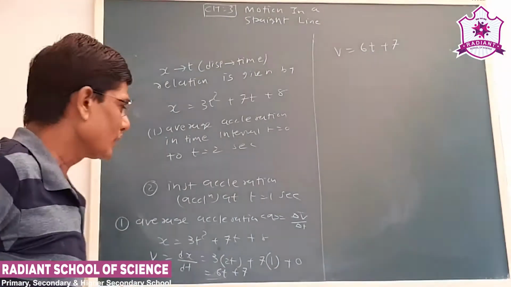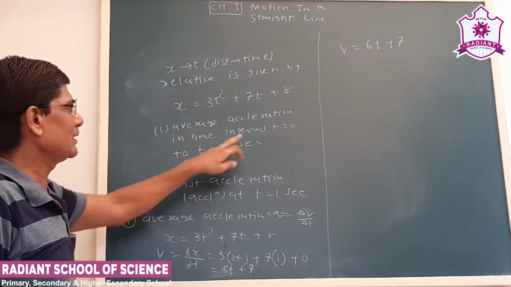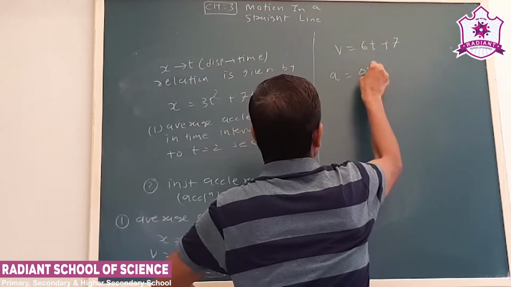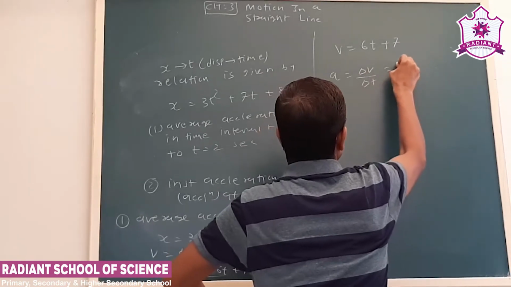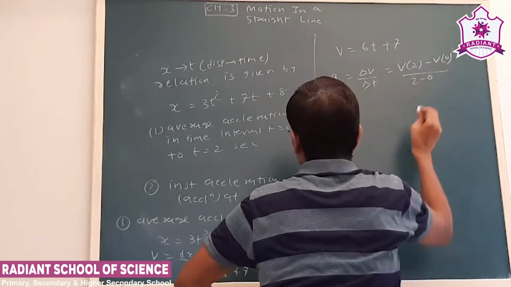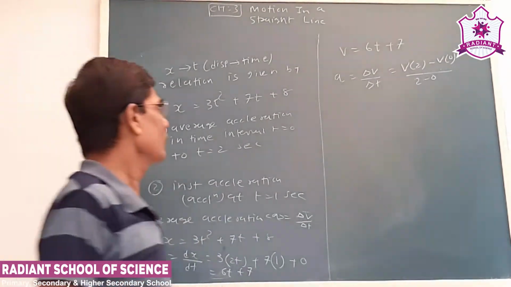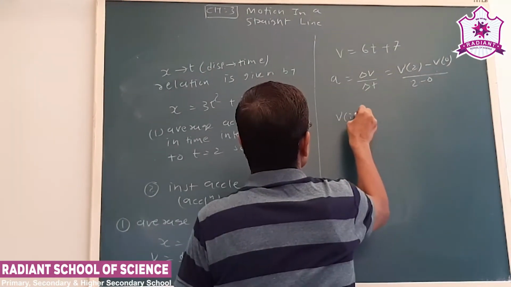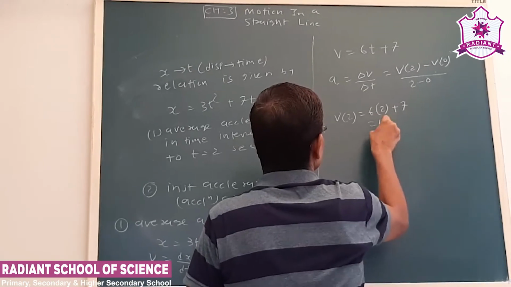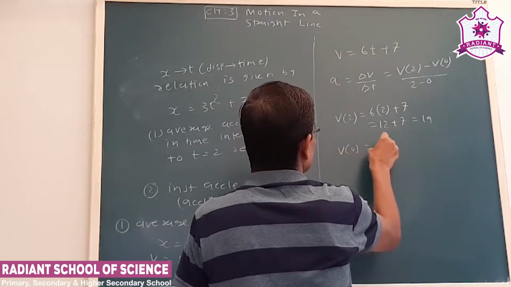Now this is the equation for velocity, and we have to find out the average acceleration in the time interval 0 to 2 seconds. So acceleration is delta v by delta t, that is v2 minus v0, because this is the time interval in which we have to find the acceleration. Now what is the value of velocity at 2 seconds? 6 into 2 plus 7. v0 we can find out.